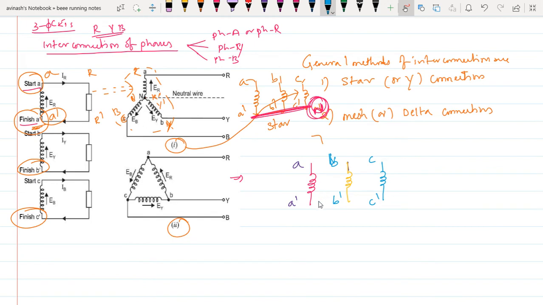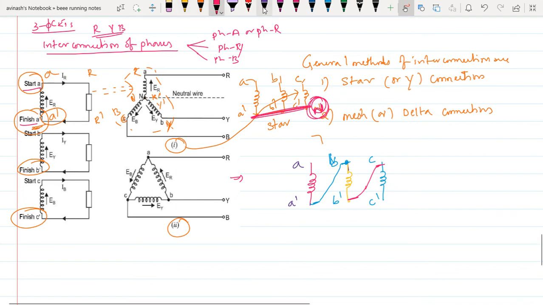Delta connection means the ending element, A dash of the first winding, is connected to the starting point of the second winding. In the same way, the second winding's ending element is connected to the starting of the third winding.